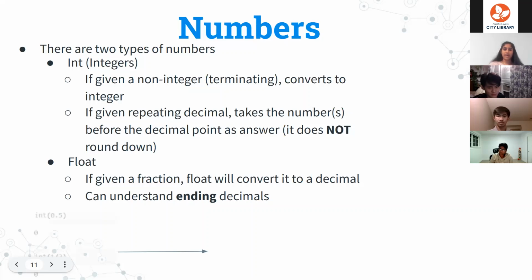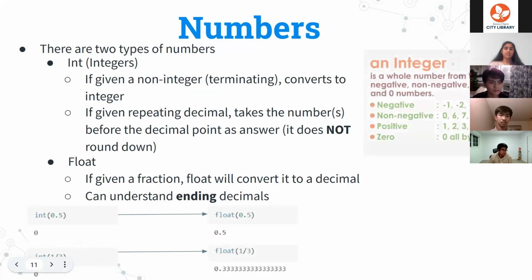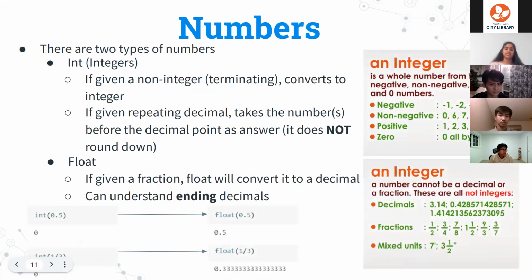If it's 1.5, it will leave it as 1.5. It won't change it. At the bottom, you can see some pictures. For example, for int, 0.5 would become 0, versus for float, 0.5 would stay 0.5. Similarly, for int, 1/3 would be 0, versus for float, 1/3 would convert to 0.33333.